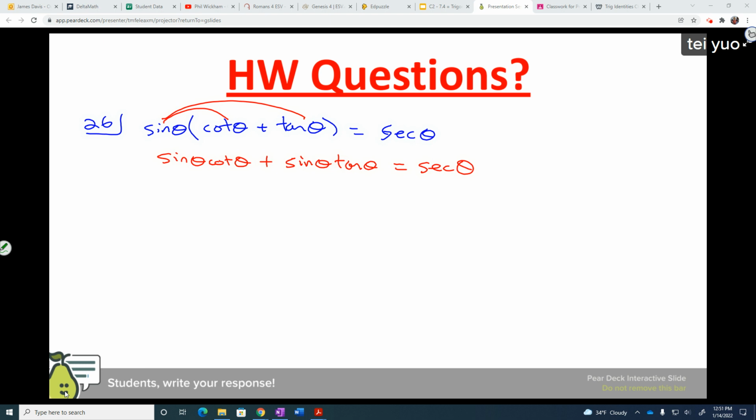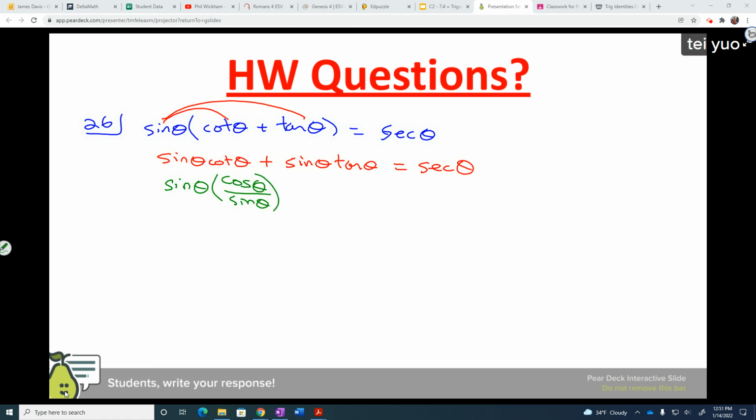So next, we need to try to condense this somehow. We can replace cotan and tan with their sine cosine equivalents. Cotan is equivalent to cosine theta over sine theta. Replace that.